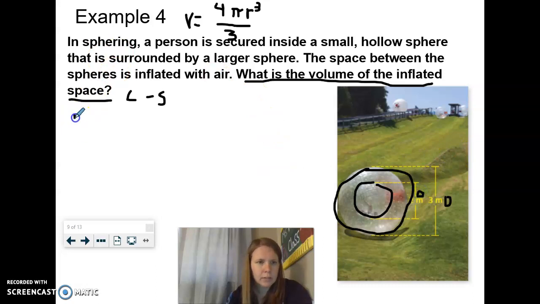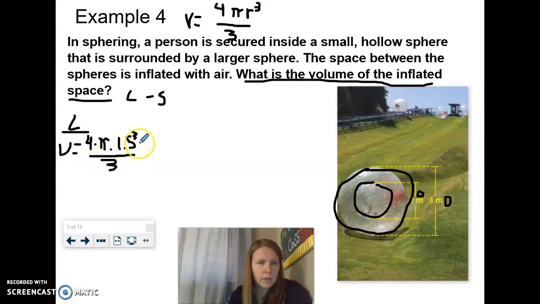So let's find the large one. I'm just going to label it L. My volume is 4 times pi. This time my radius would be 1.5, taking this 3 and dividing by 2. 1.5 to the third, and I'm dividing it by 3.